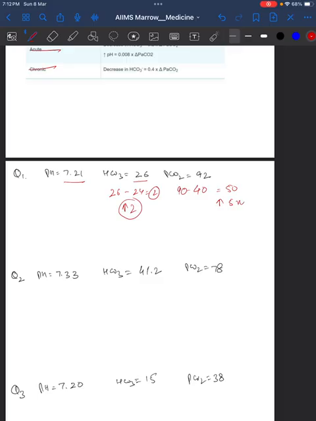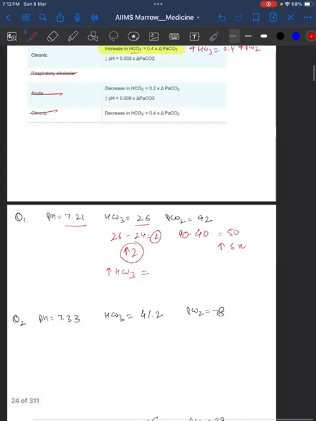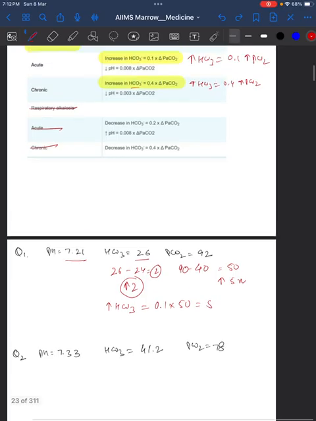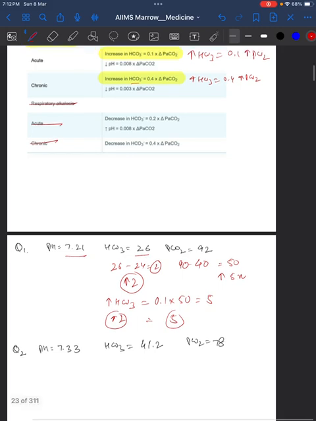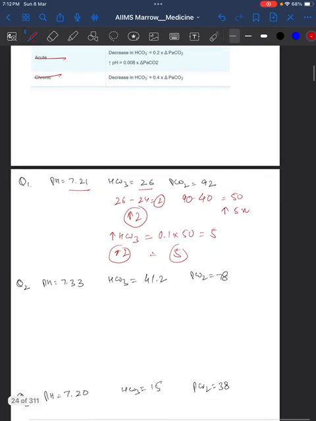So we have learned that for acute respiratory acidosis, the increase in bicarb should be 0.1 times the increase in PCO2. That should be 5. But the bicarb increase is 2, so that means this is not yet compensated. So it is partially compensated respiratory acidosis, and it is an acute condition, because in chronic condition, as I have told, pH would have been normal.